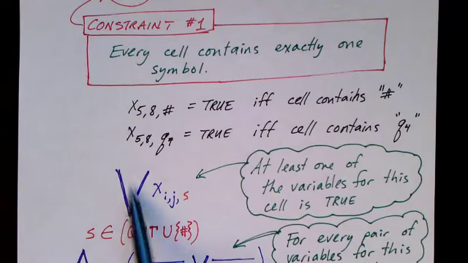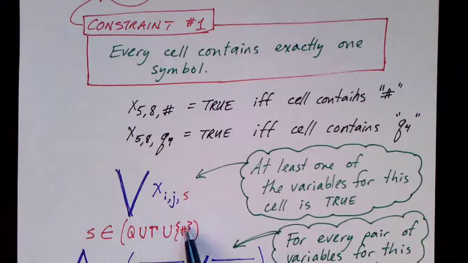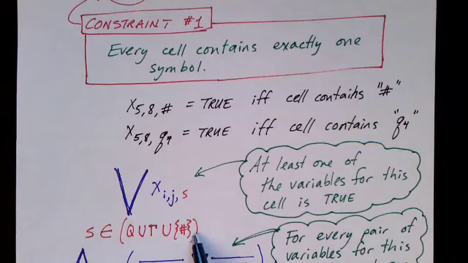Remember our notation: this is like a summation notation with a big sigma, and you have an index written underneath it that ranges. In our case, the index is S, and it ranges over all the possible symbols that the cell could contain. It could contain tape symbols, it could contain state symbols, or it could contain the pound sign.